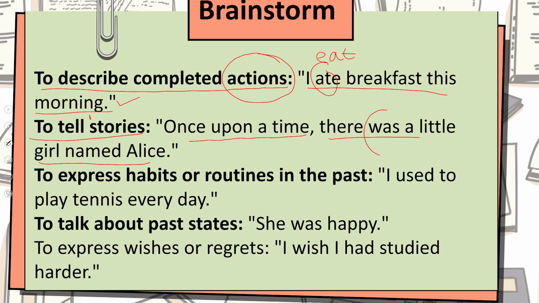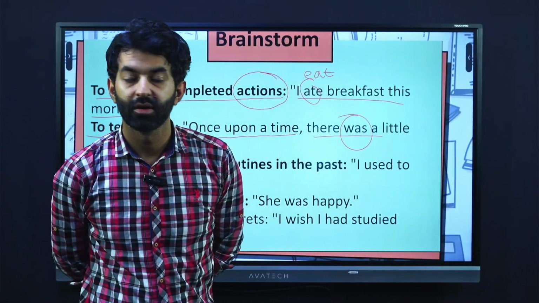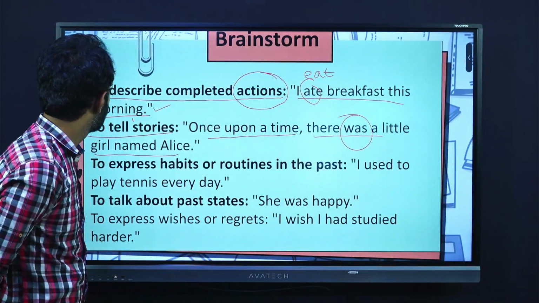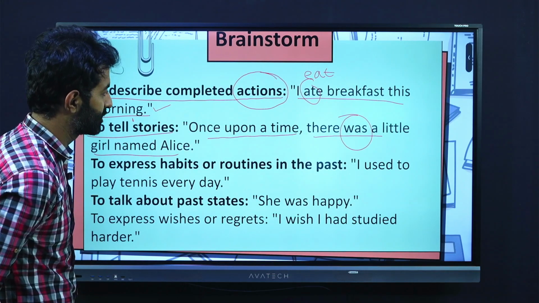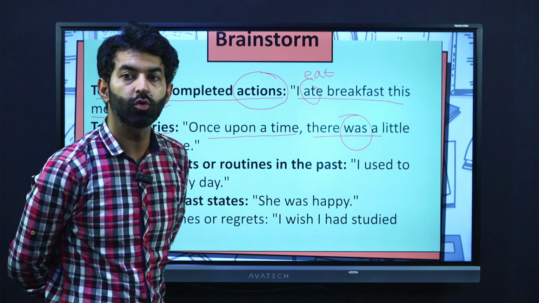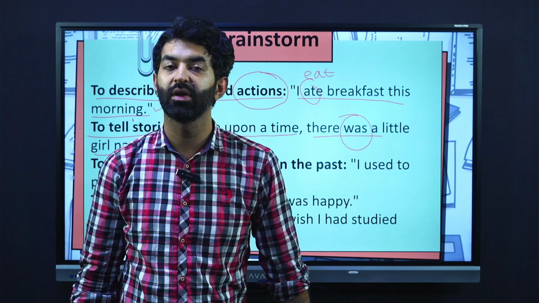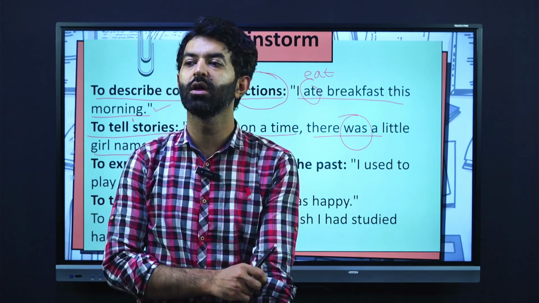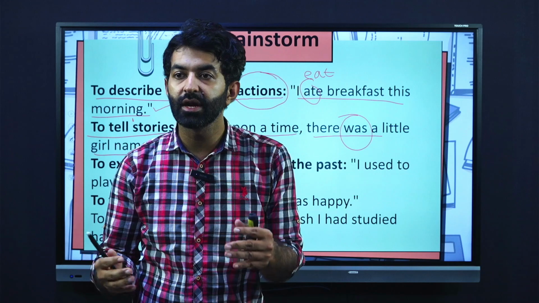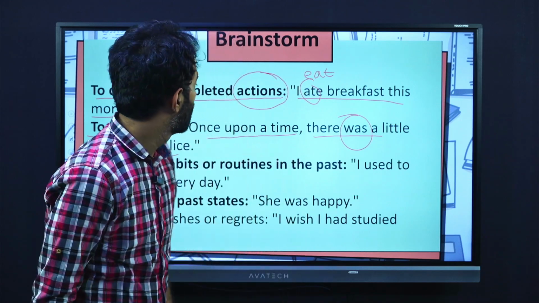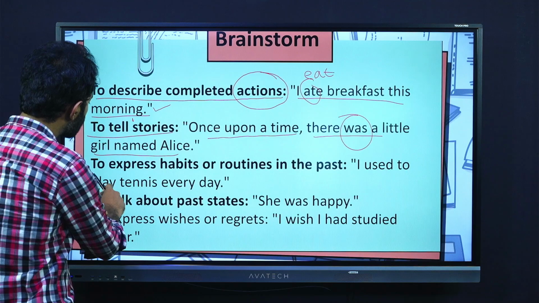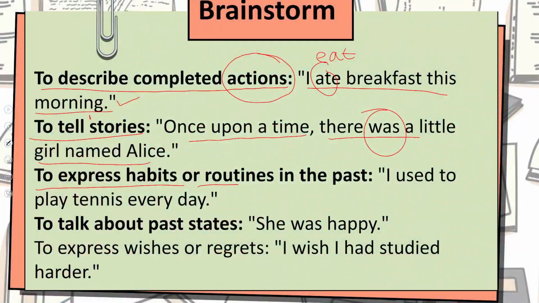There was. एक दफा का जिक्र है कि एक छोटी लड़की थी जिसका नाम एलिस था. हम पास्ट में बात कर रहे हैं तो स्टोरीज में आप देखेंगे कि जब आप स्टोरी सुना रहे हैं, यू आर रीडिंग अ नॉवल, यू आर रीडिंग अ शॉर्ट स्टोरी, so you can see that it is narrated in the past form.